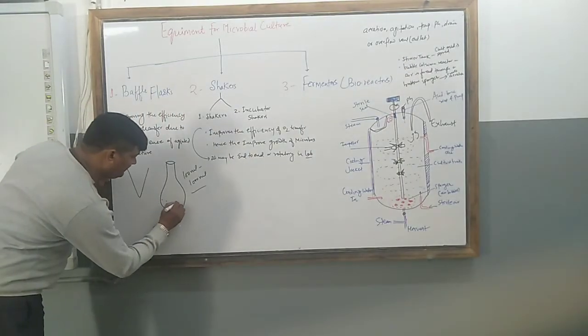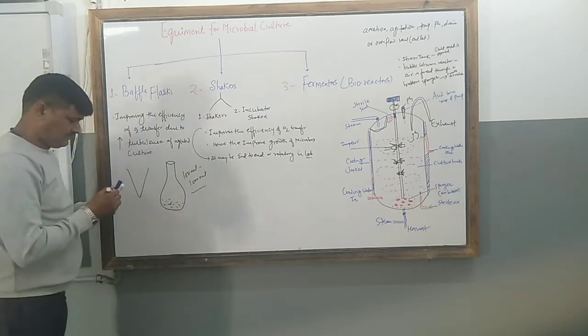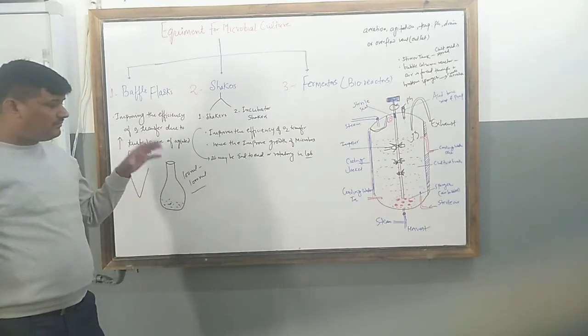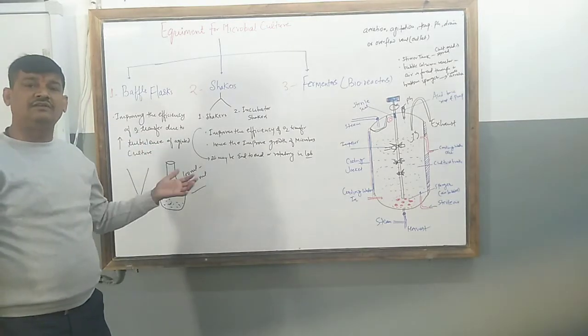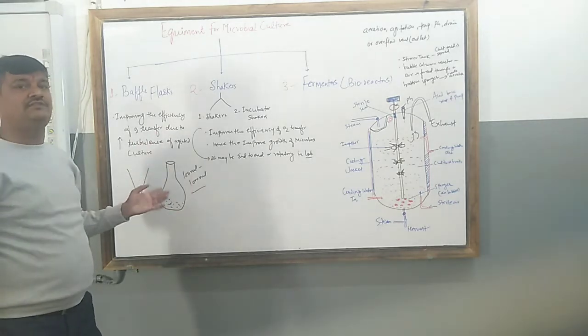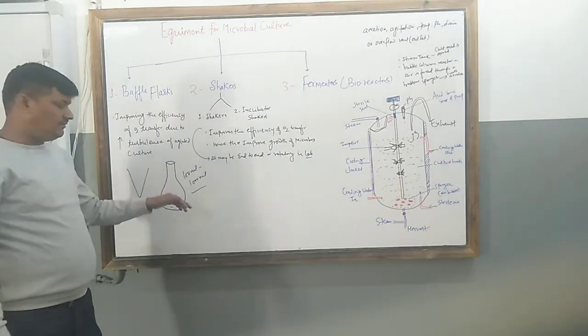Suppose this is the nutrient medium and we are taking some inoculum. Inoculum is the strain of the microorganism or bacteria which is taken to initiate the fermentation process, and the process is known as inoculation.